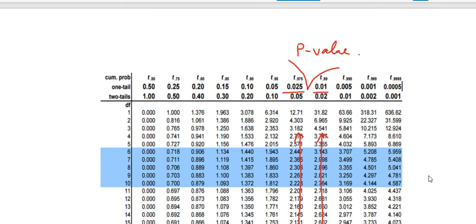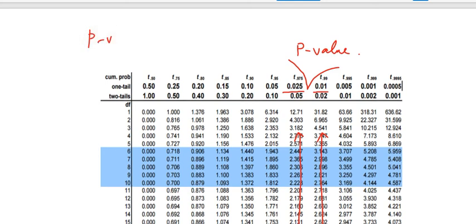So we cannot find the exact p-value. What we can say is only that the p-value is between these two numbers: less than the bigger one, larger than the smaller one. This is all we can get from the t-table. Okay?